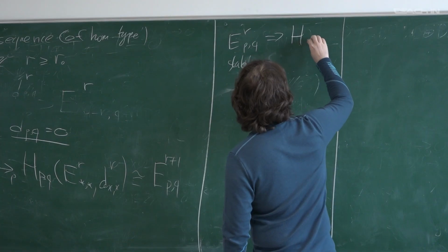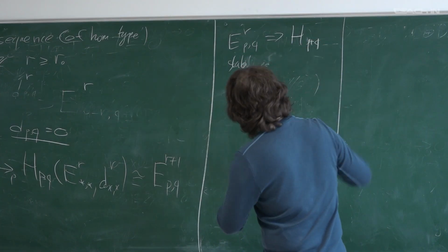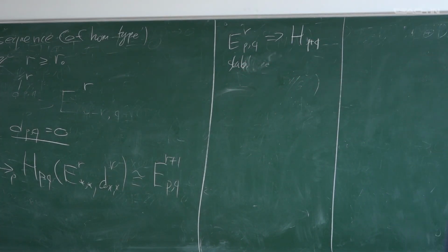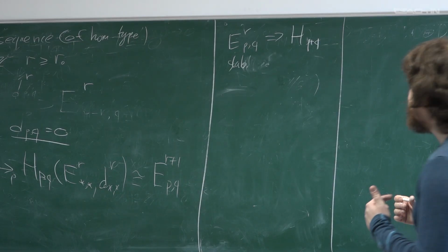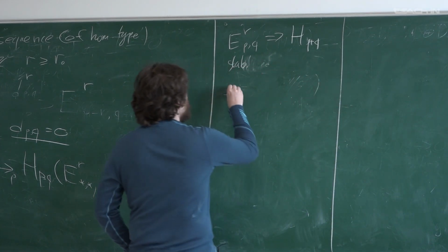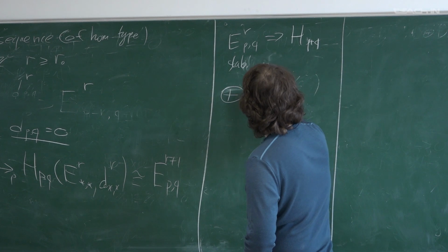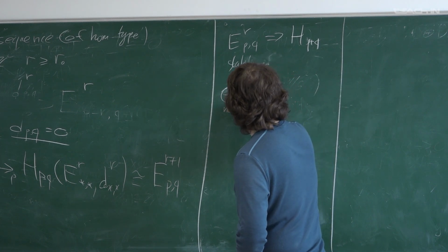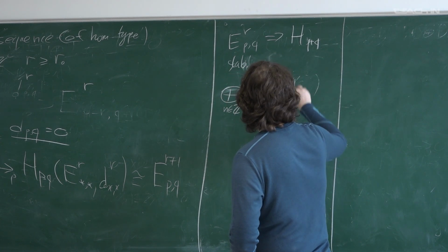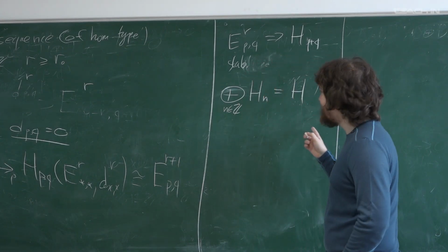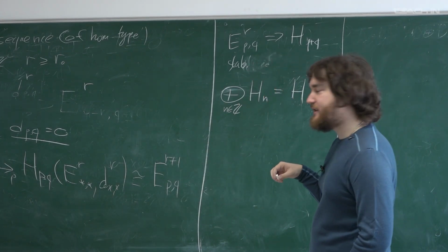To what? It converges to some graded module with filtration. We have that it's H_n. It's a graded module, and it has a graded filtration.